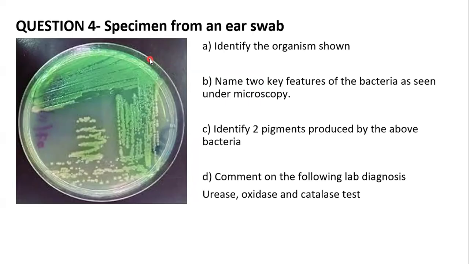Pseudomonas aeruginosa. Good. Now, key features. When you're asked about key features of a bacteria, you just have to mention what you see. So the fact that it's gram-negative, you have to mention. If the bacteria is motile or not motile, you have to mention. The shape of the bacteria, you have to mention, because those are the key features.